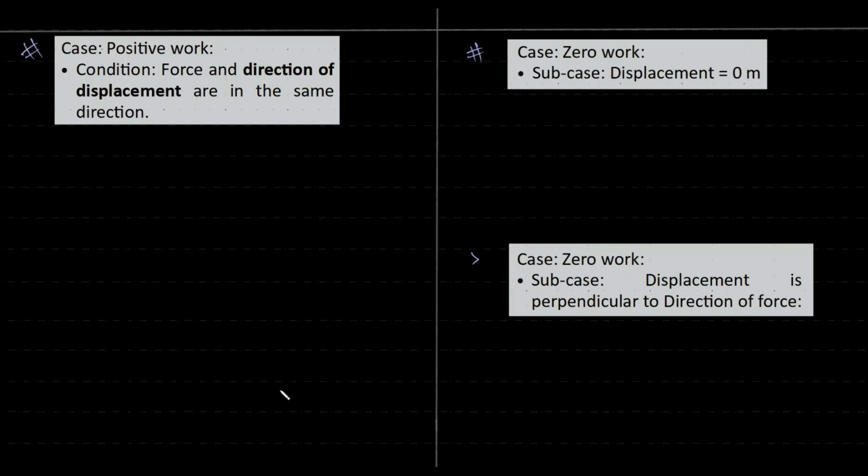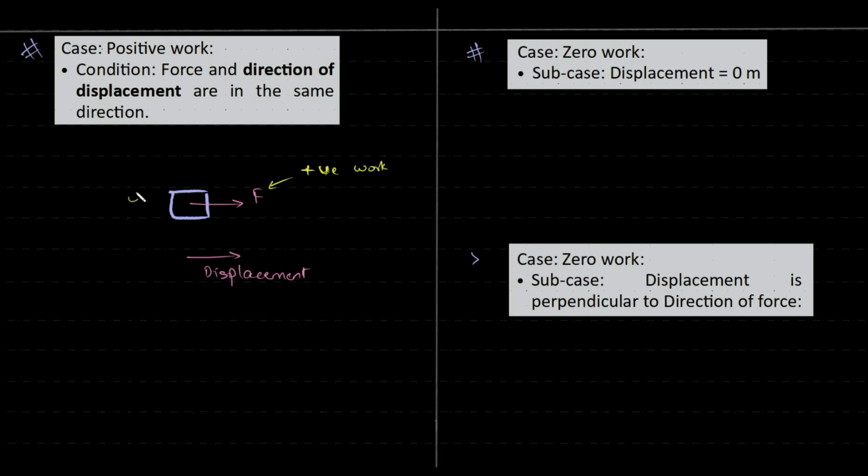Now, when do we have positive work? The condition is that the force and the direction of displacement are in the same direction. This is when we have positive work. Okay, guys. So we have the object. If I happen to push it to the right, and the displacement happens in the same direction, this particular force is said to have done positive work.